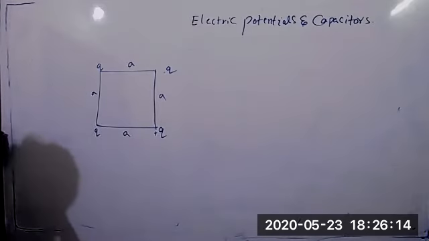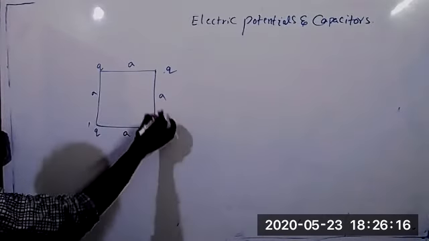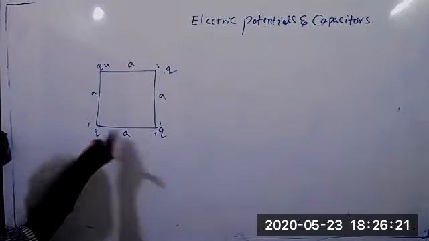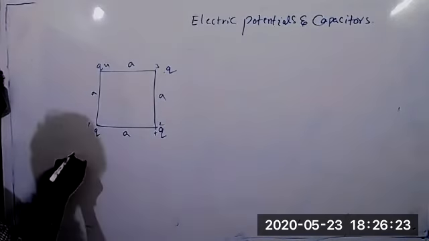See how many potentials will be there? Suppose take 1, 2, 3, and 4. Four points are there. Or you can take A, B, C, D also, no problem. U net equal to how much?